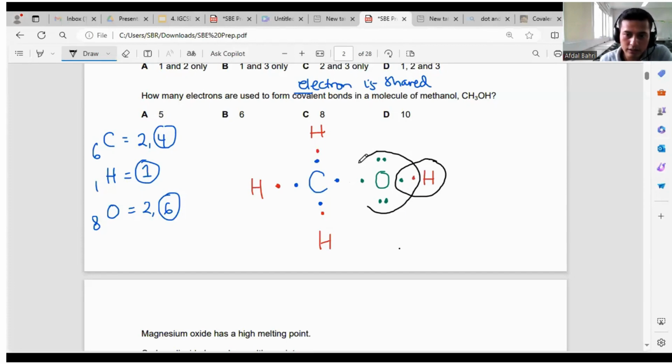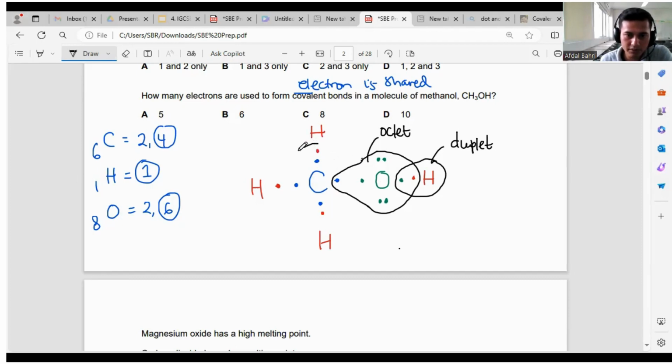And then to get octet, oxygen just need 1 more electron because 6 plus 1 is 7. And then get 1 more electron from carbon. Okay. If you count now, hydrogen is already duplet, which is stable. Oxygen is already stable, which is octet, 8. And then how about the carbon?